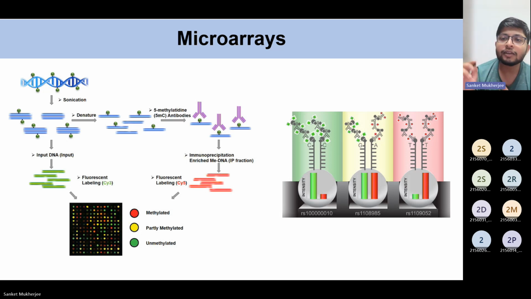So if I design a microarray where different wells have different probes for different viruses, and I give your sample, whichever gives me the fluorescence, I know that this is the virus that is infecting you. Is that clear? Yes, sir.